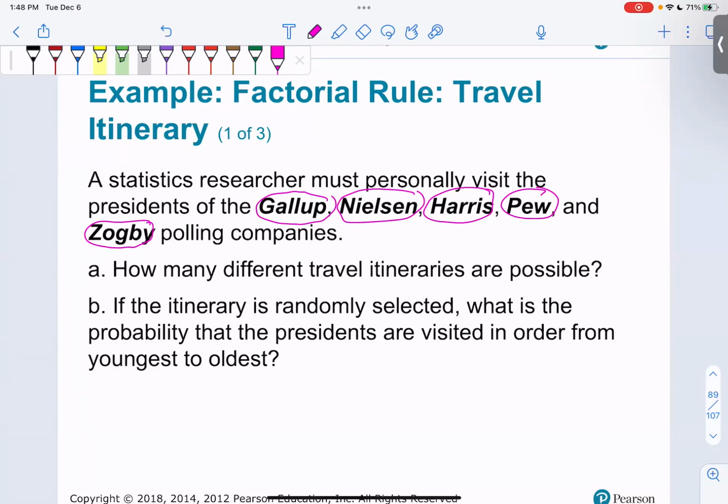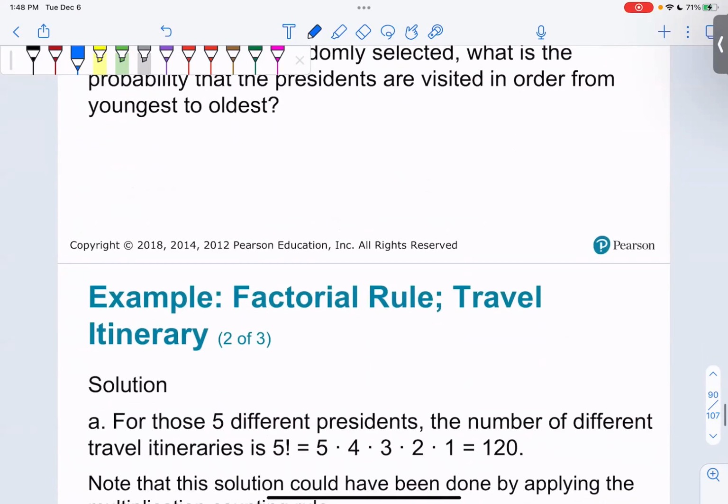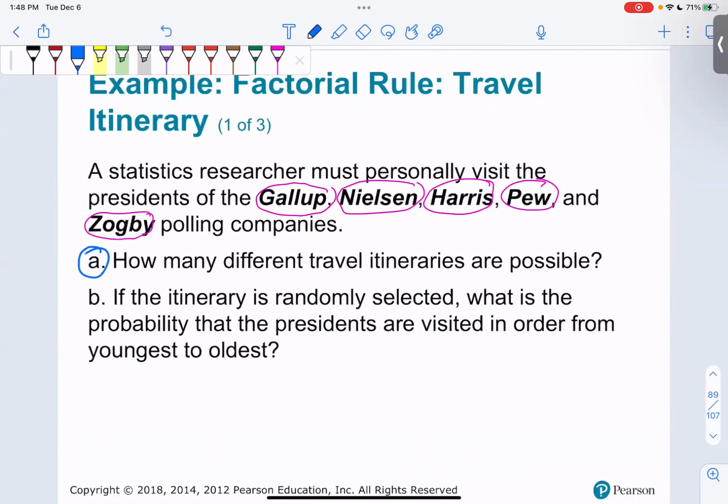So the first step: how many different travel ways can he visit? He wants to visit each company just one time, right? He wants to visit all those companies. So how many visits will he do? One to each, so 5, right? So let's do it the same. This is the first visit, this is the second, the third, the fourth, and then the 5th, okay?